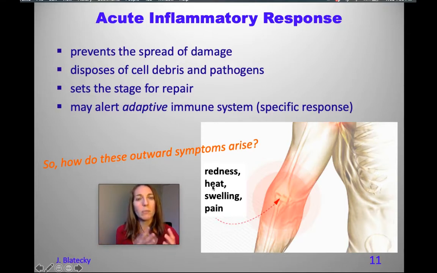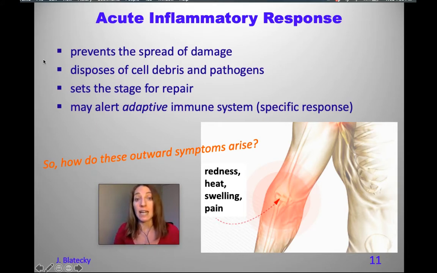So, some of the benefits of the acute inflammatory response. It's going to prevent the spread of damage. So as fast as possible, we are trying to get to the site of injury and prevent it from going outside of that site of injury. We're also going to see that we can dispose of cell debris and pathogens here, right? A key role of those macrophages and phagocytes.